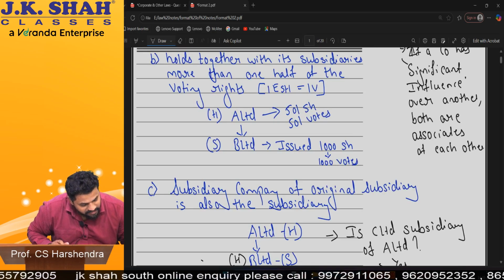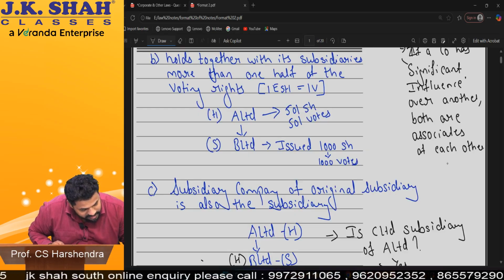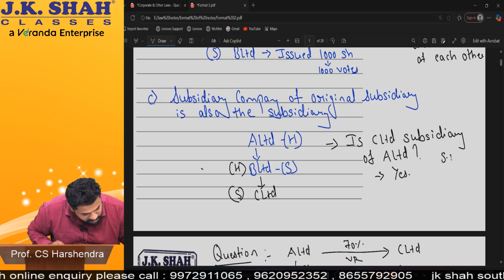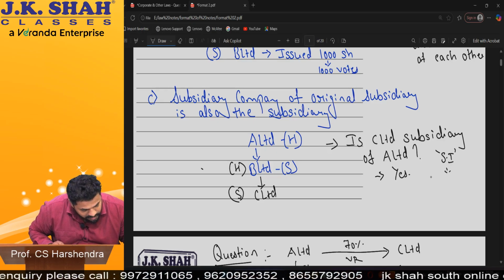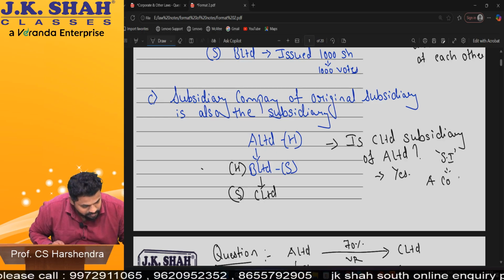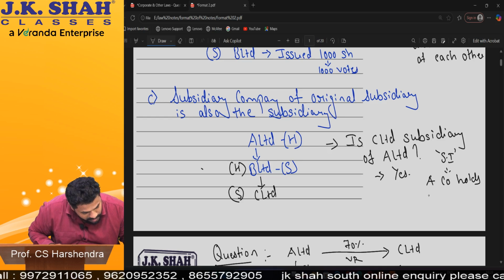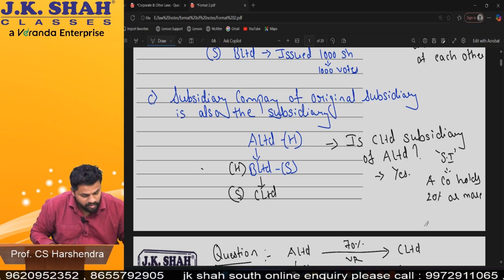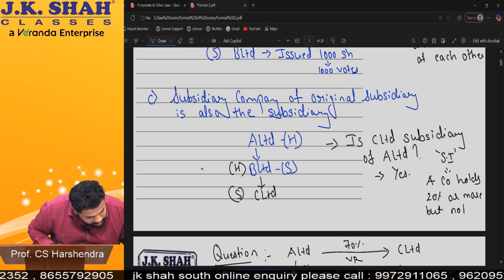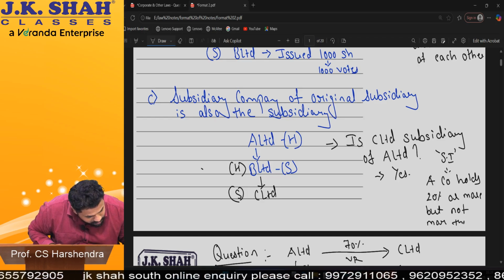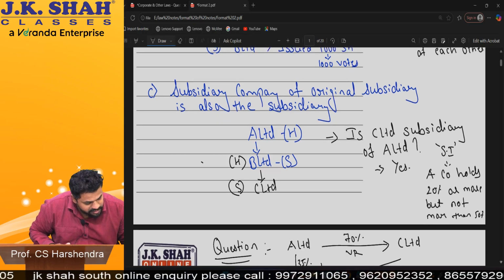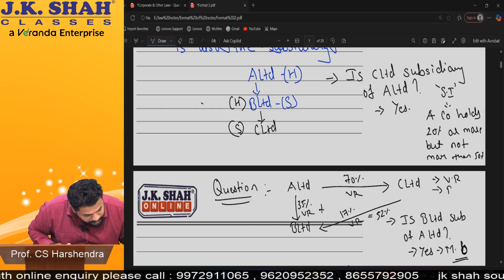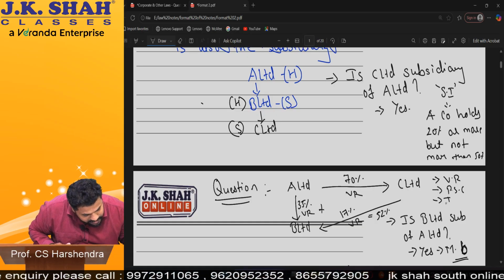Now sir, what do you mean by significant influence? I'll write it here: significant influence means a company holds 20% or more, but not more than 50%, of voting rights, or paid up share capital, or interest in another company.